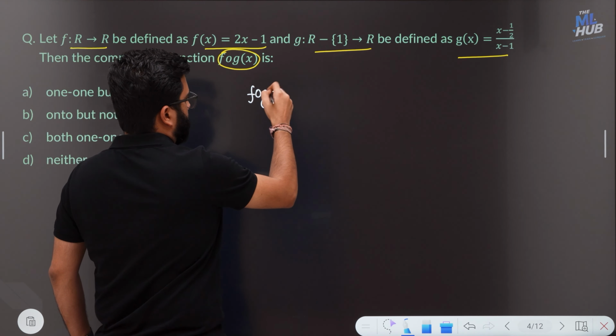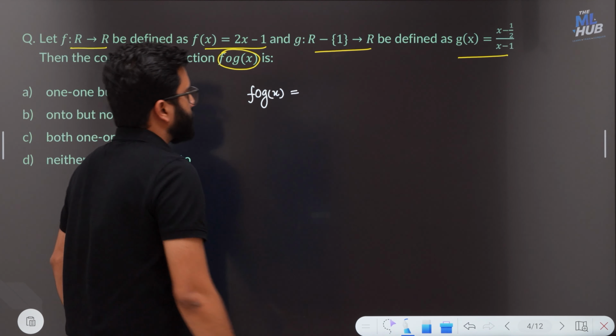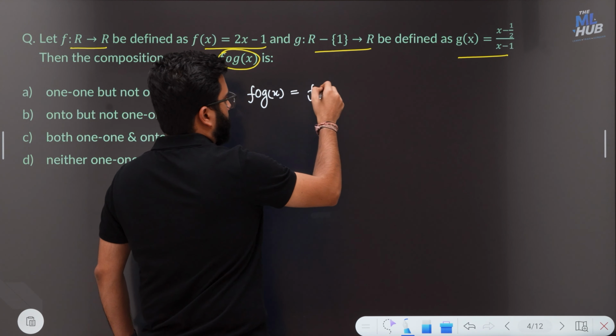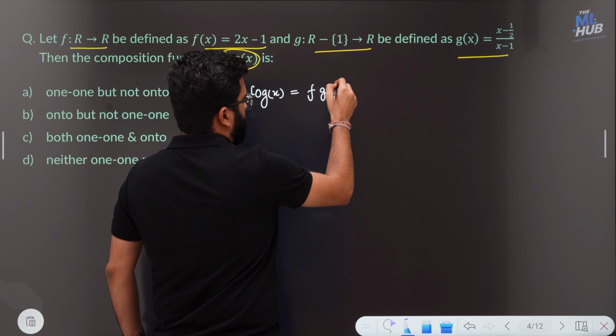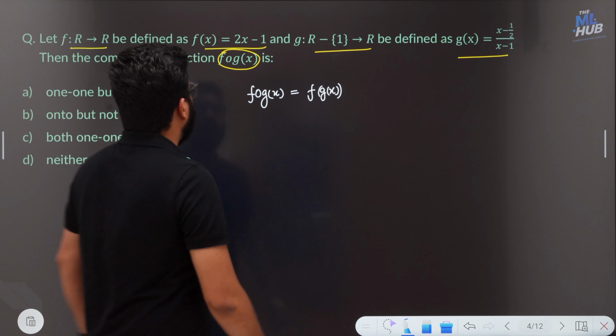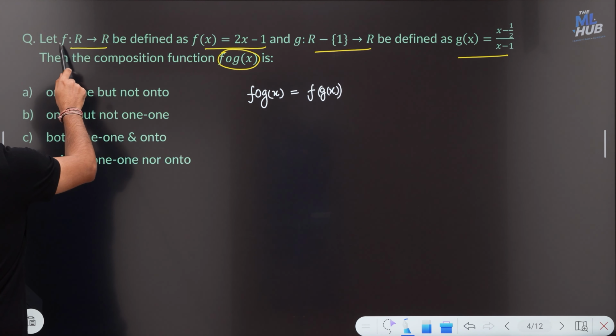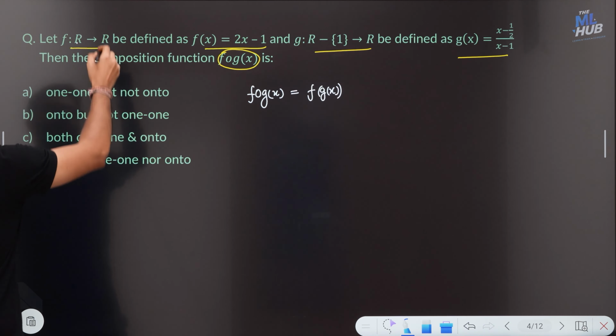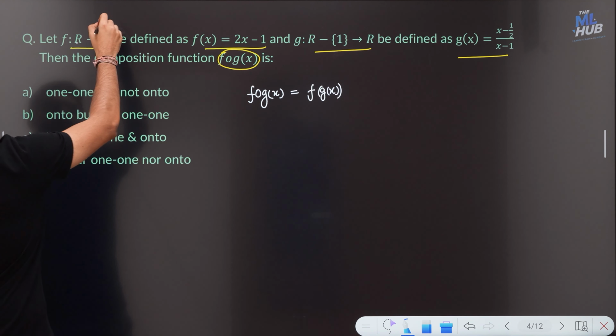f of g(x) will be equal to f of g of x, and it is already given to us that f is defined from R to R, where this R is the codomain of f.